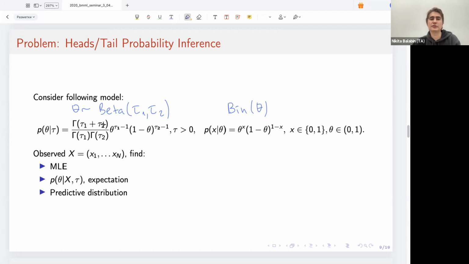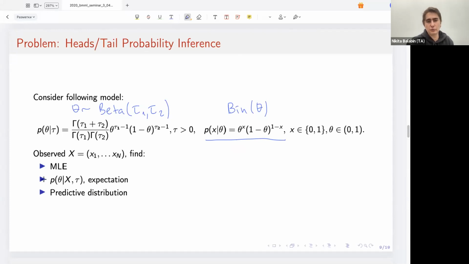Okay, the prior distribution is not unique. We also can use some mixture of beta distributions or something else. But here we just consider this case because it is simple, and we will achieve some interesting properties, and then we'll try to generalize them. So now please try to find the following things: the maximum likelihood estimation for this likelihood.